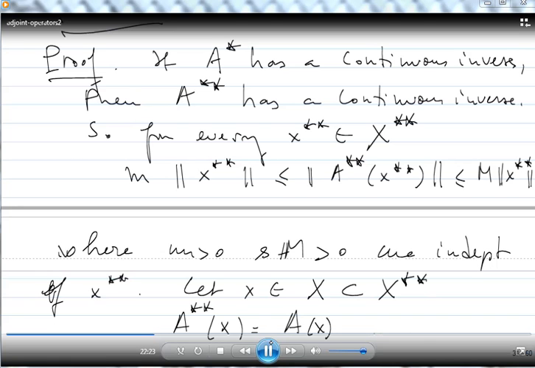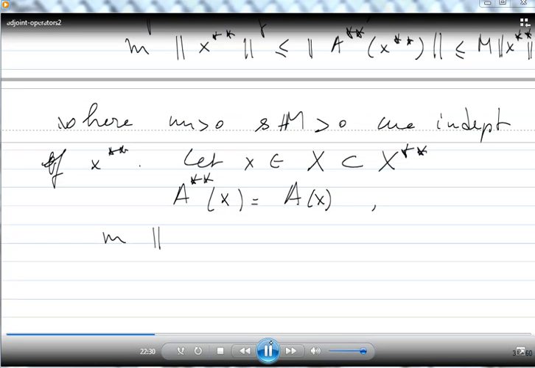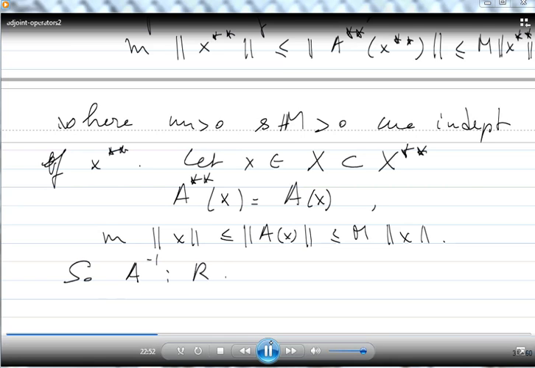And we get here that m times the norm of x is less or equal to the norm of A of x, which is less or equal to M times the norm of x, for every x. So this implies that A is one-to-one, injective, so A inverse, going from R of A into X, exists.